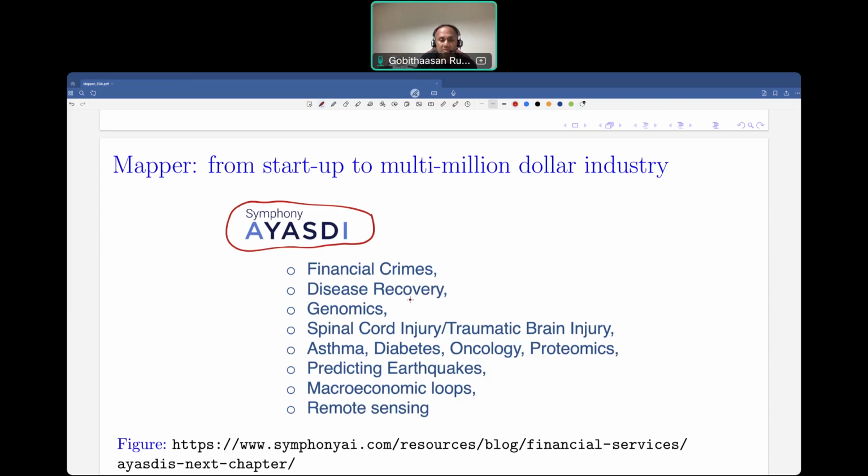They are using the Mapper algorithm, of course a more advanced version, for financial crimes, disease recovery, genomics, as you saw just now, and many things for many kinds of data sets. It is still ongoing, and they are still running it. Singh sold off his stock, and he is now a millionaire. He has developed another startup to work on something else.